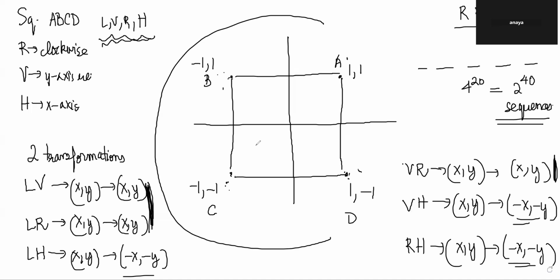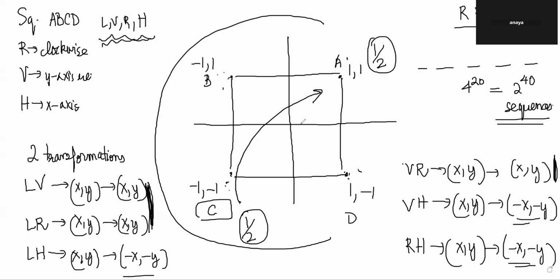After applying the first pair of transformations, the probability that you end up at this is half, right? And the probability here end up at here is half, right? After applying another pair of transformations, you could go from here to here, or you could go from here itself to here.